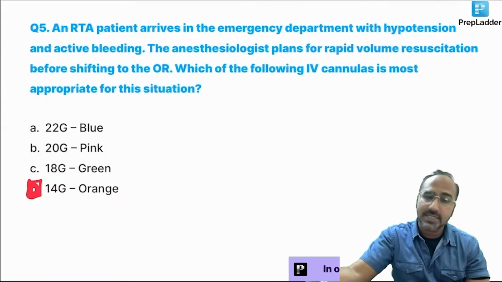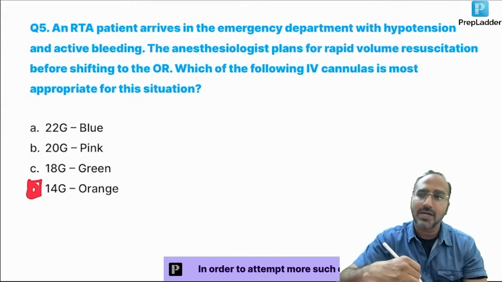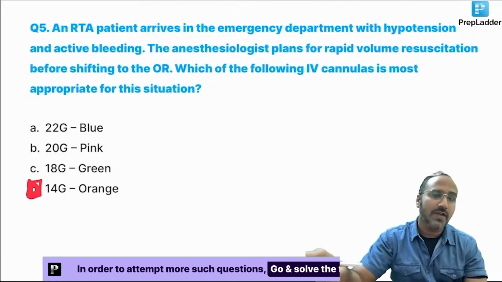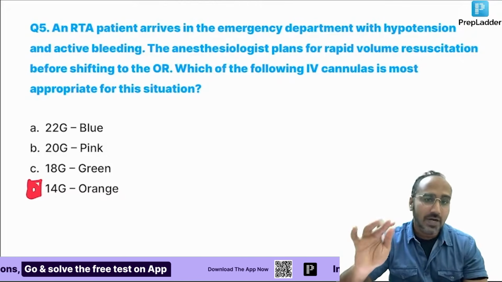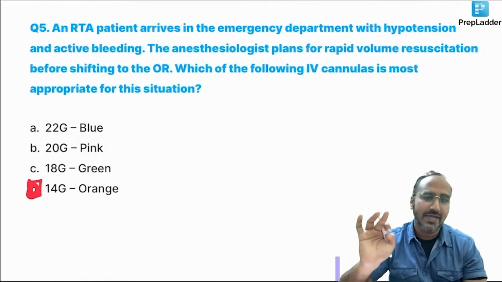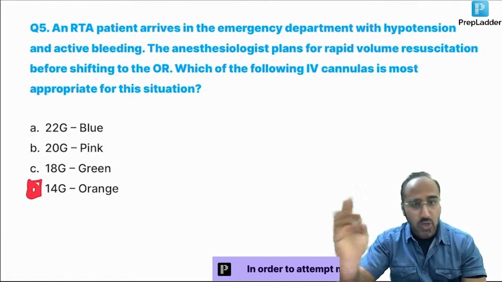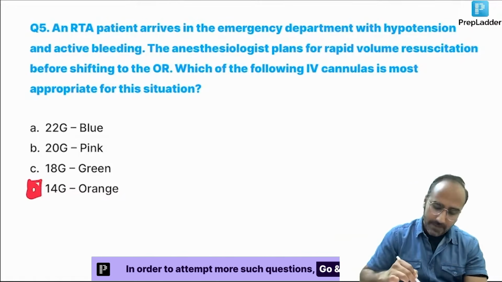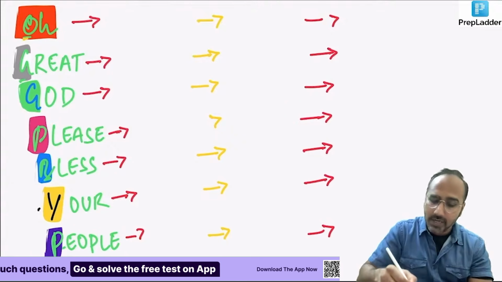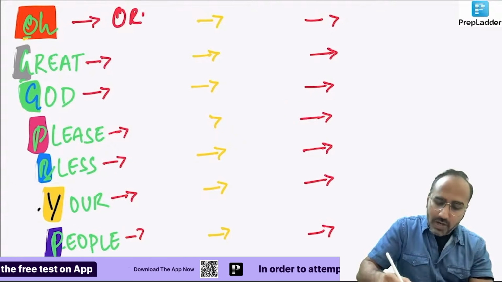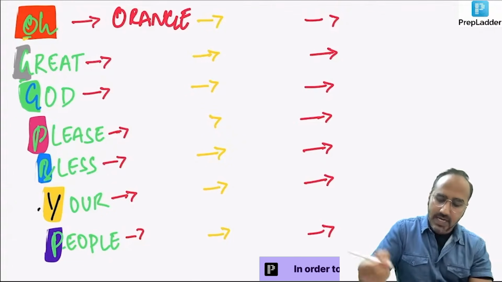Now, when we are discussing IV cannulas, we need to understand, guys, there are different sizes of IV cannulas, different numbers and different volumes. We have to remember that. For that, you need to remember a mnemonic for IV cannulas: Oh great God, please bless your people. O means orange IV cannula.